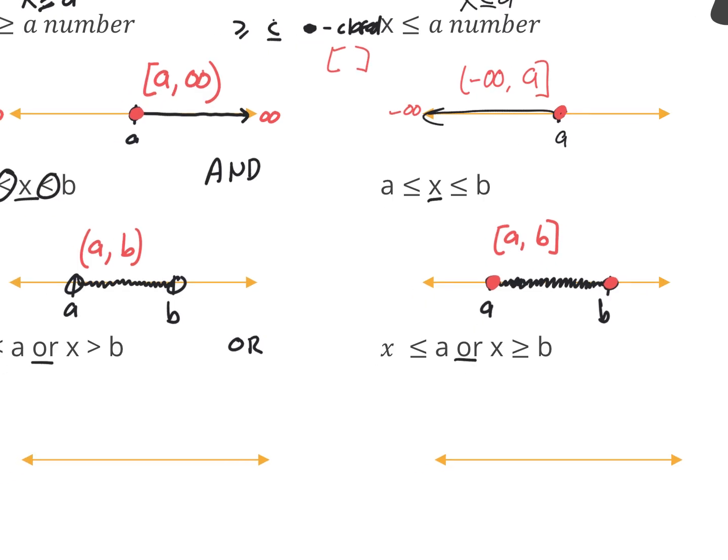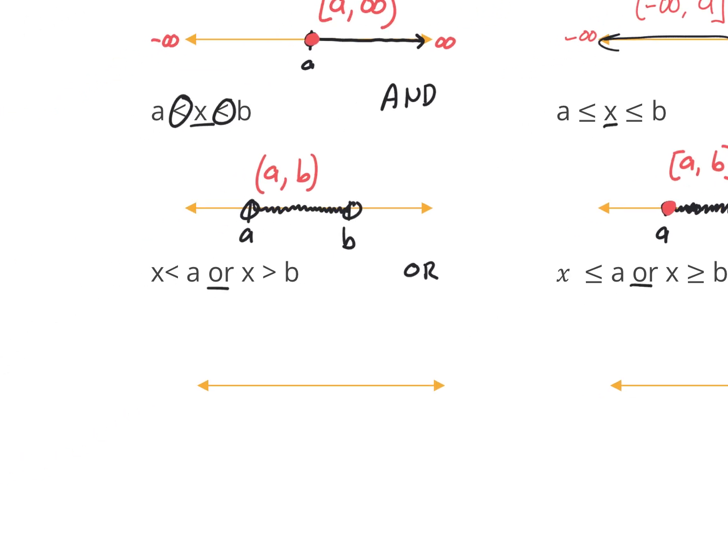Now with our or statements, again, I can have an a here, b right here. If x has to be less than a, anything less than a is in this direction. Because it's a strict inequality, I would put an open circle. Same thing with b, I would put an open circle over that b, and anything bigger than b would be in that direction. So in interval notation, going from left to right, our smallest value would be negative infinity, and then I would go up to a.